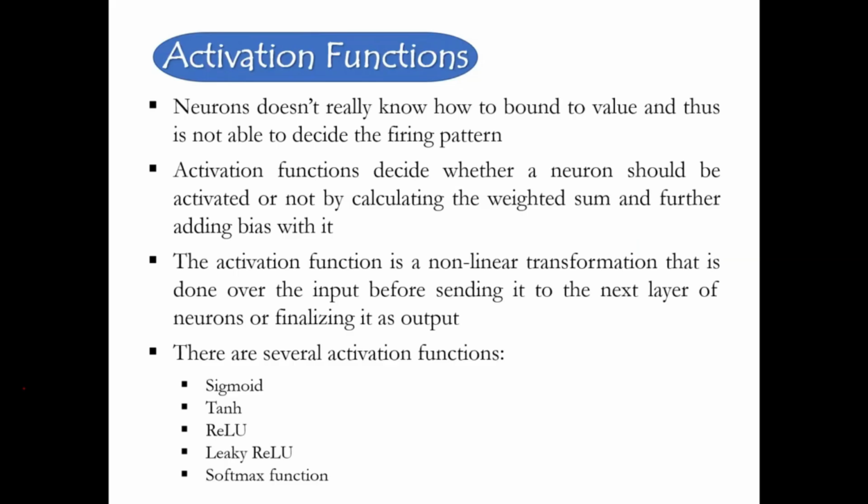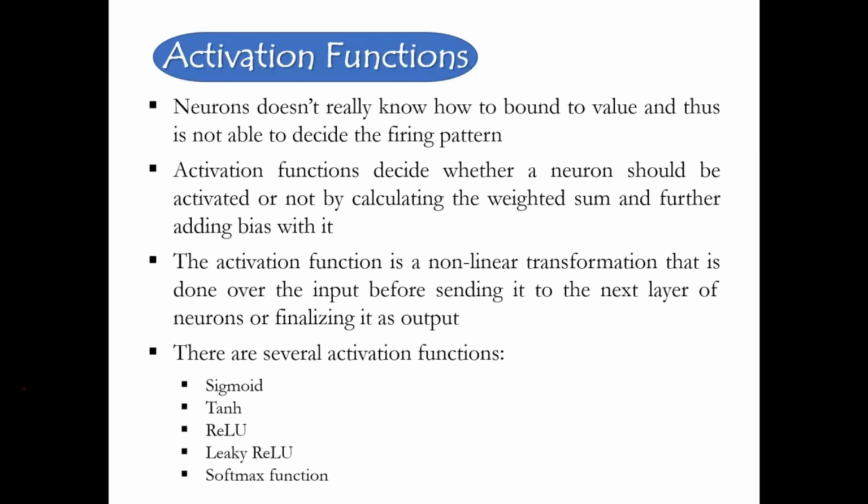One important thing that I haven't told earlier is the activation functions. In this case, the neurons don't really know how to bound the value. That means, when to decide that this is a feature or a particular pattern, for that the neuron should be activated.